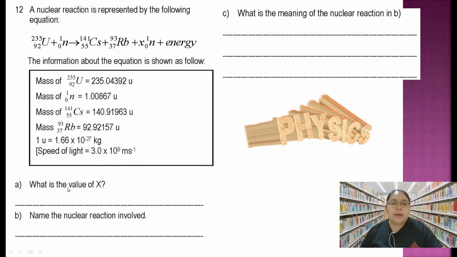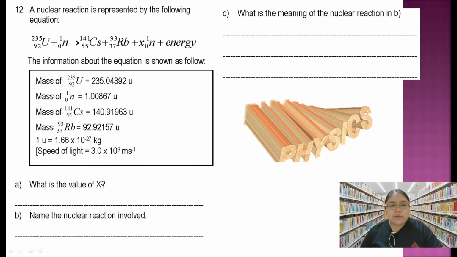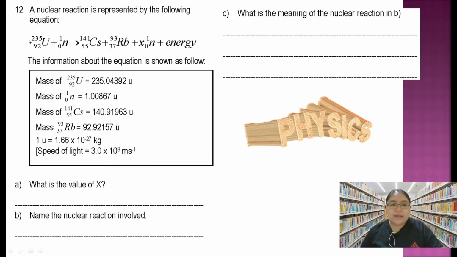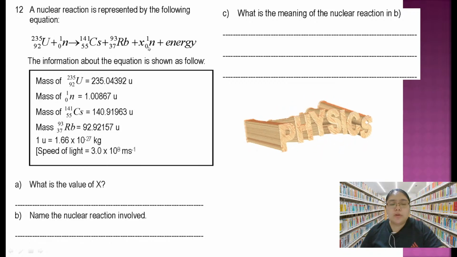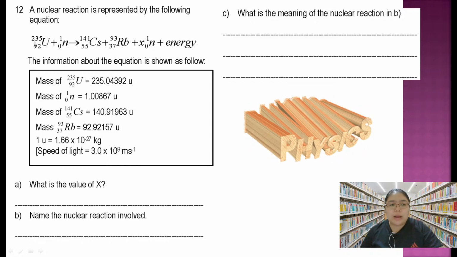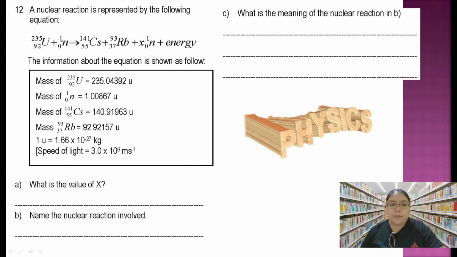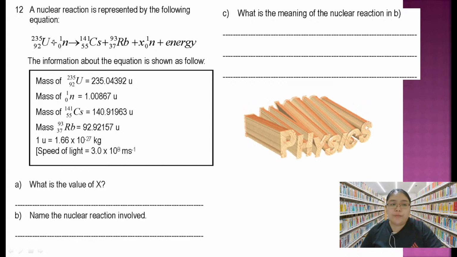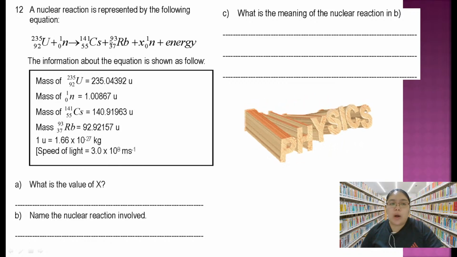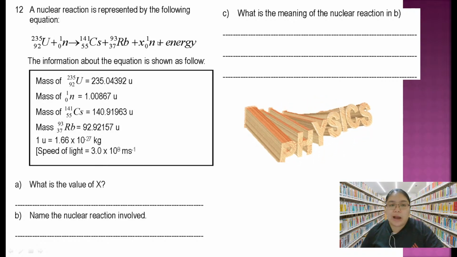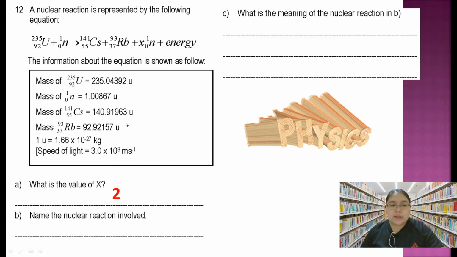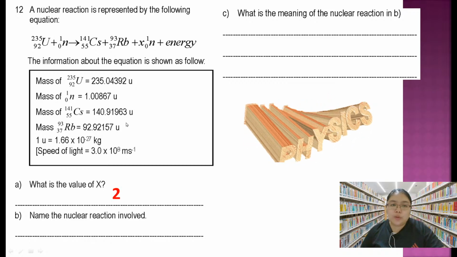Now, what is the value of X? We count the neutron number only, because proton number is not related. 235 plus 1 is 236. Then this one is 141, this one is 93. After adding together, how many are left? My answer here is 2. You are left with 2 neutrons.